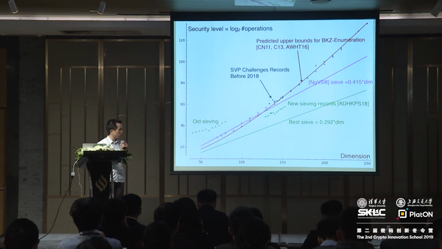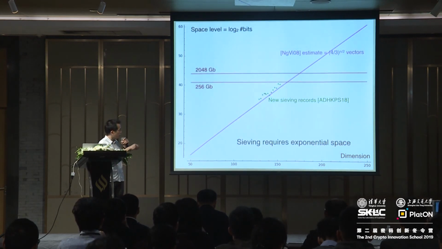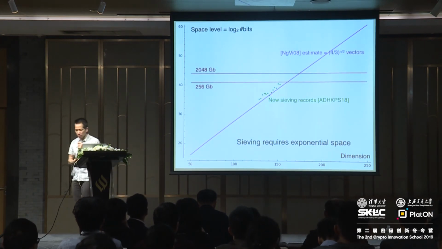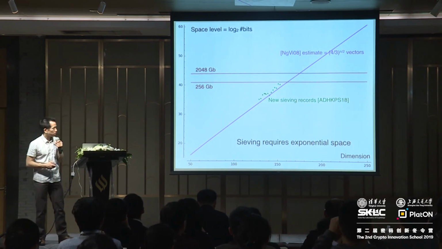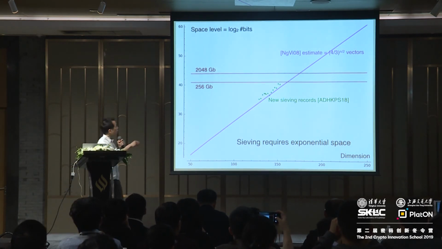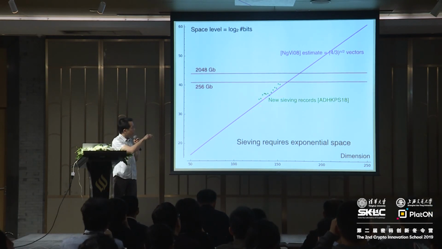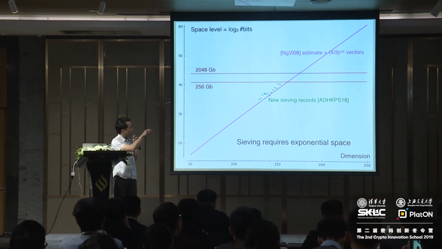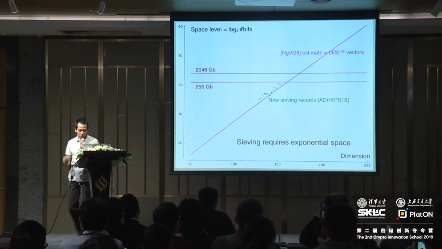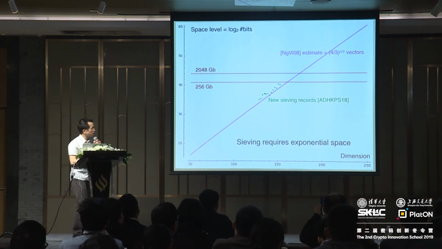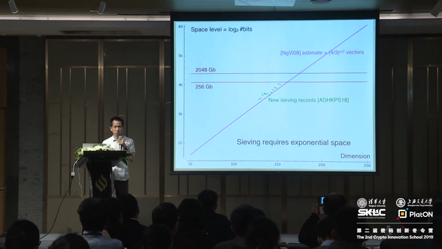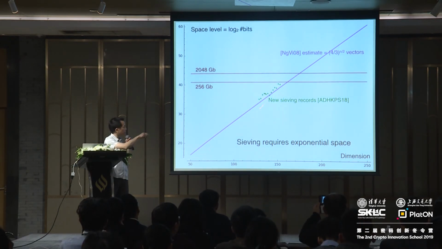However, we can make comparisons. For instance, if you take the sieving records, you see that the number of points used by these records still fits the model of 2018. In 2018, with Thomas Vidick, we tried to estimate how many vectors would be required for any sieving algorithm.